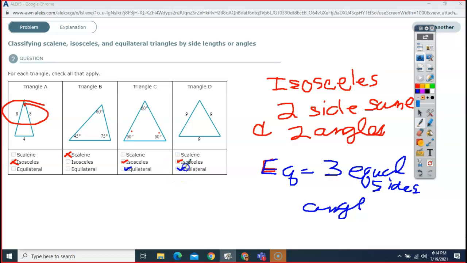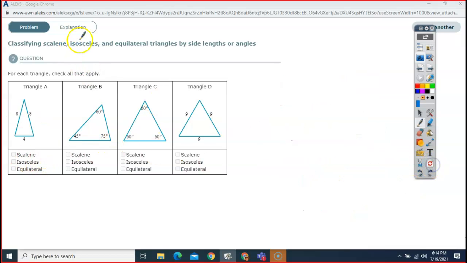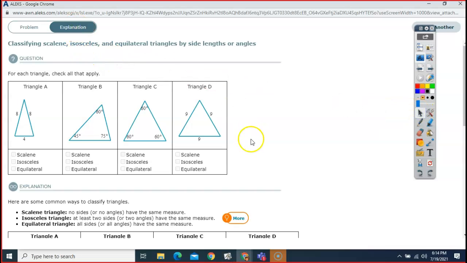So in this situation, this is isosceles, but it's also equilateral. A lot of times, if you have all 3 sides the same, then you definitely have isosceles and equilateral. But right here, we didn't have 3 equal sides, so this can only be isosceles. Then of course they show you the explanations here.